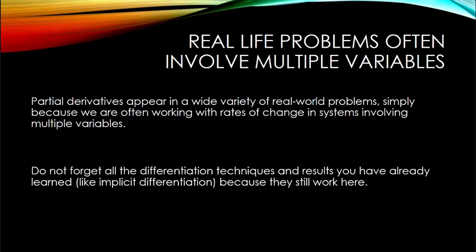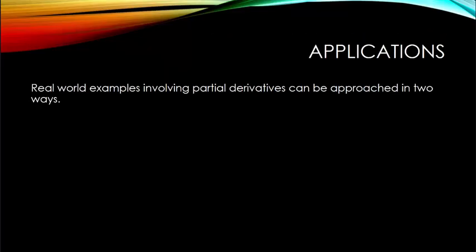Now, don't forget all of the differentiation techniques that you've already learned, like implicit differentiation. You may want to brush up on that because they will still work when I'm doing partial derivatives. So real-world examples that involve partial derivatives can be approached in two basic ways.